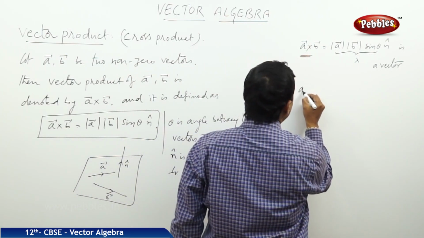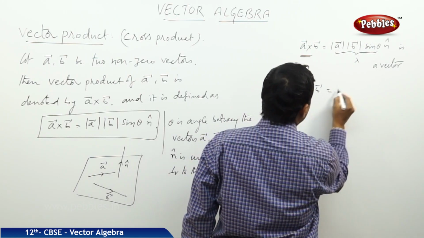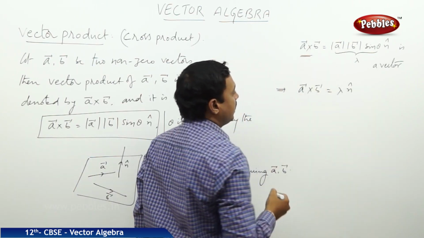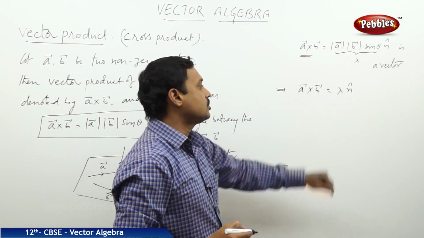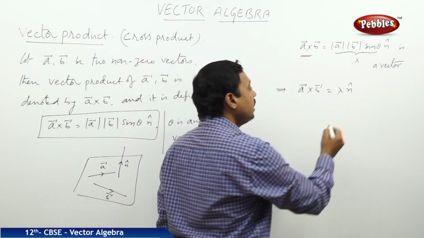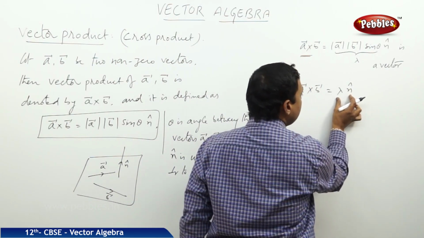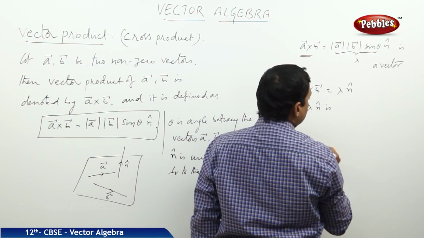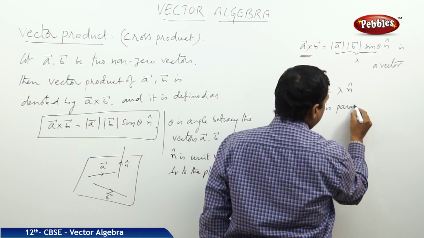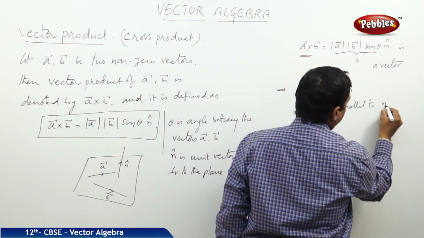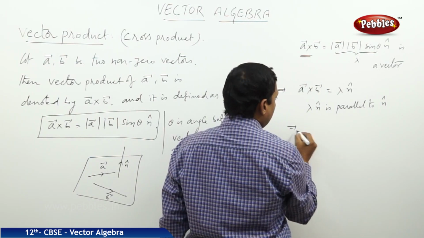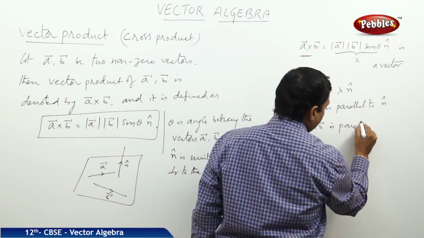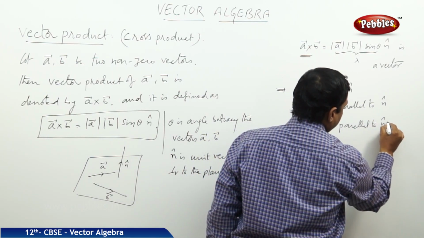Now, it is known that A cross B is equal to some lambda into n cap. You know, lambda into n cap is always parallel to n cap. Therefore, A cross B is also parallel to n cap.